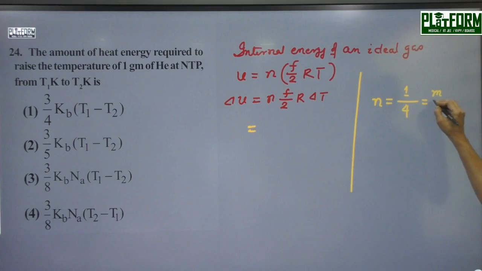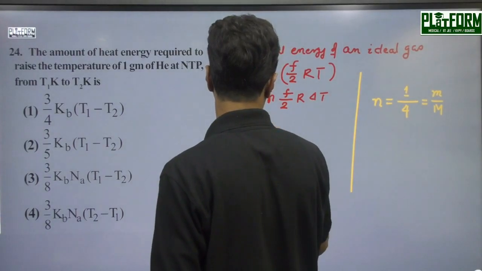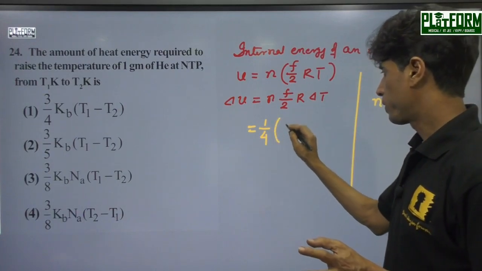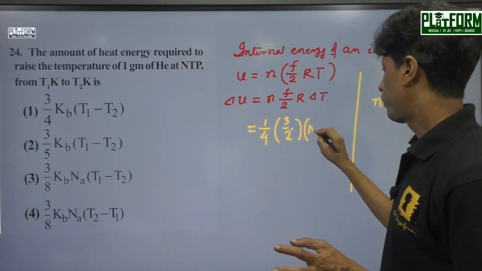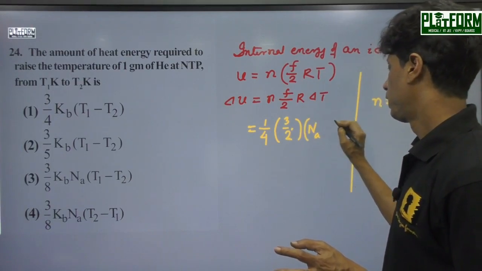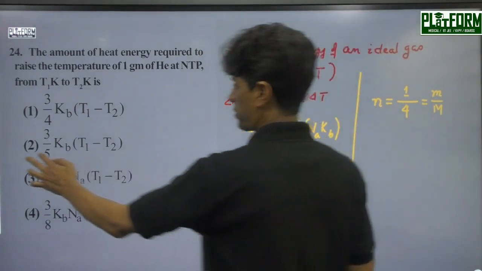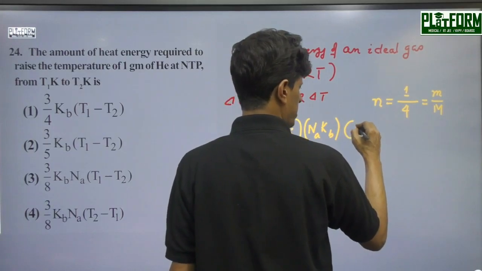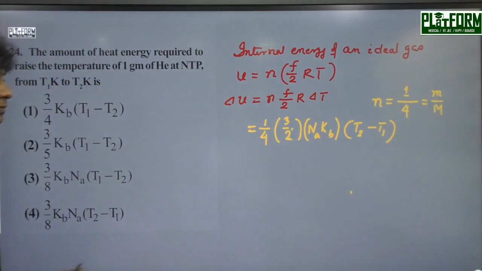Actually mass of gas by molecular weight is the number of moles of the gas, and it is 1 upon 4. Since this gas is monatomic, we can say 3 by 2, R is equal to Avogadro number into Kb, and the temperature change given in the problem is T2 minus T1. So the right option here is 3.